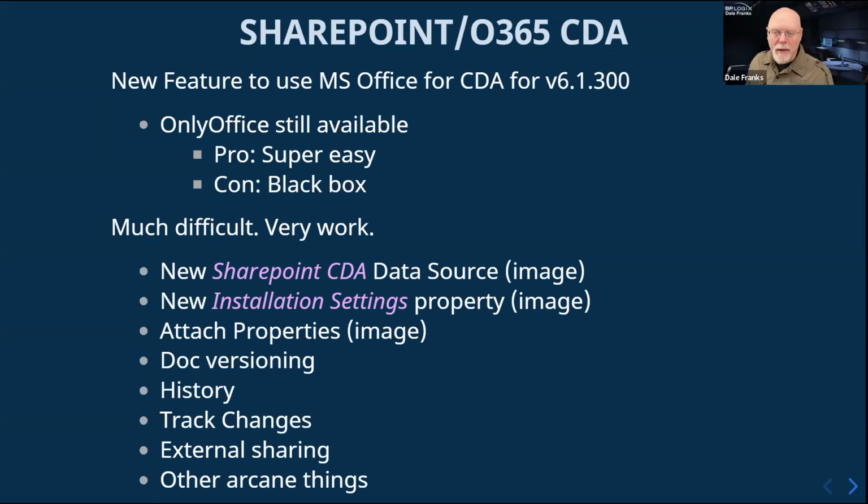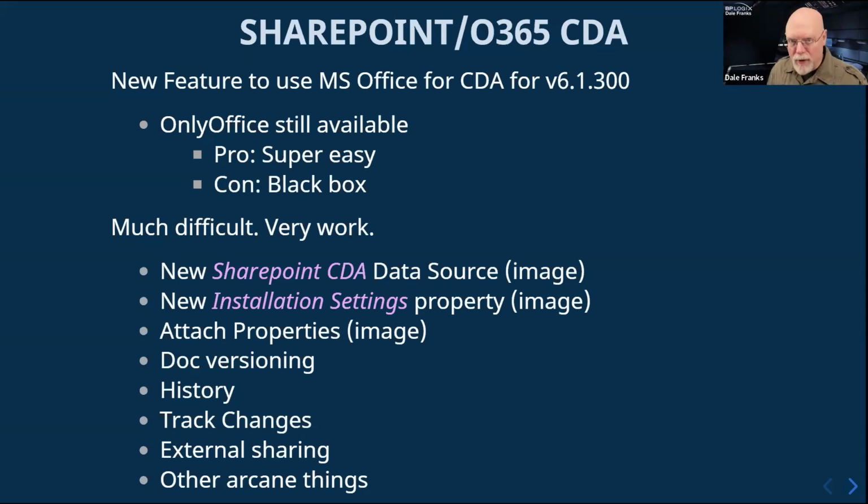And so the major new feature that is coming in version 6.1.300 is going to be the implementation of Microsoft Office Online, either via O365 or via SharePoint, to use CDA in 6.1.300. So that is our major new feature that is coming to the product.